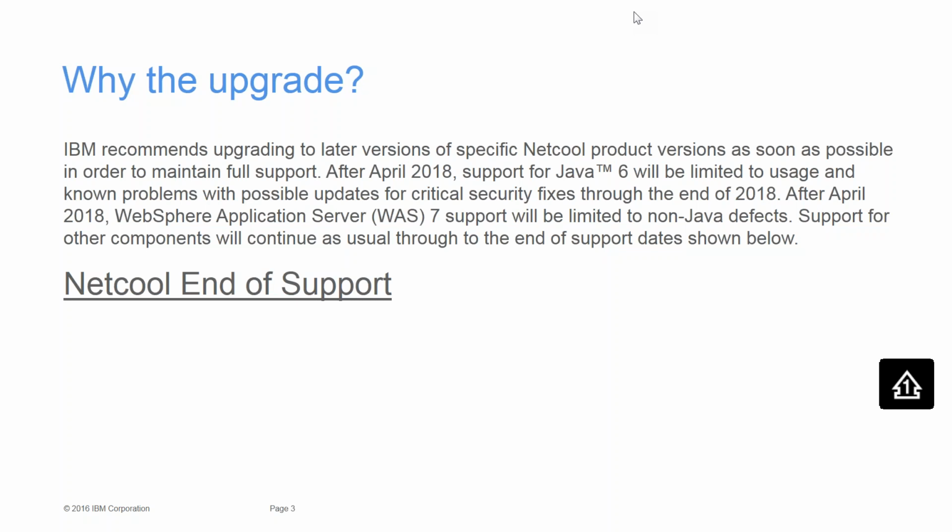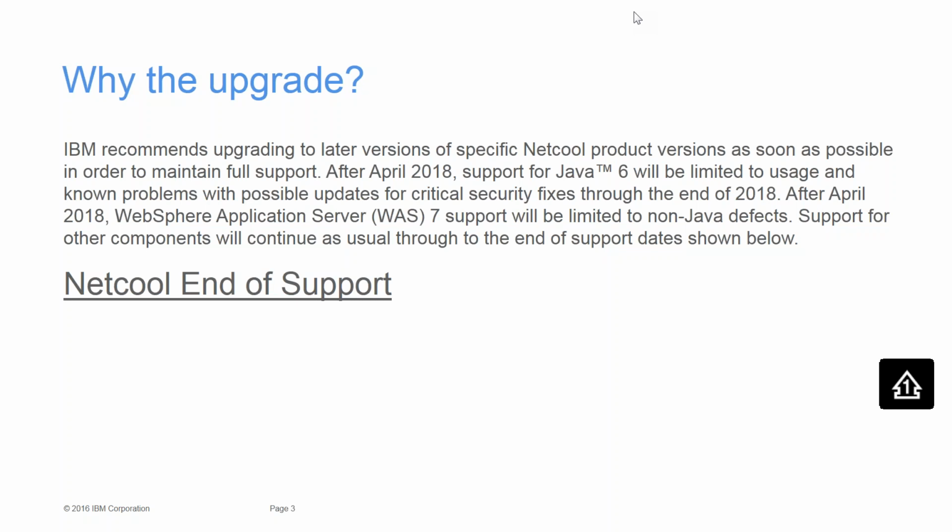Slide 3. This is the reason that we're having this, and I won't read this to you, but the key line in here for the end of support for Java 6 is this: WebSphere WAS 7 support will be limited to non-Java defects. I think what this boils down to is, would 3.9 still work past this date?